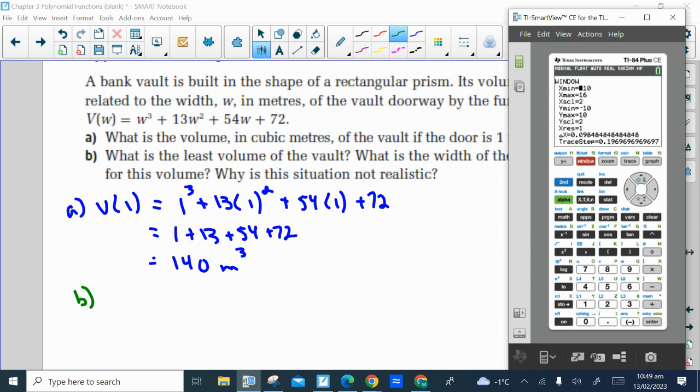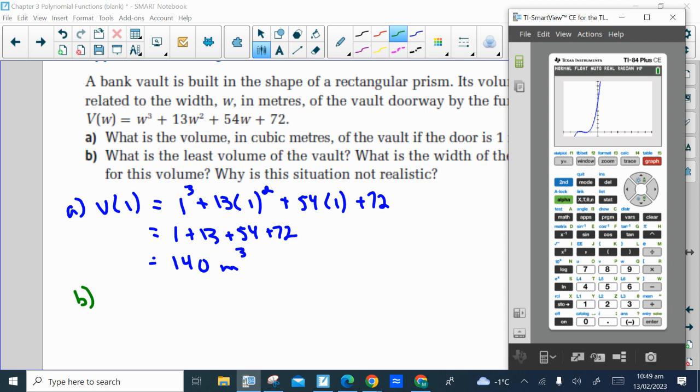Well, it means that our windows, our y max, has to be at least 72. So I'm going to change it to, let's say, 120, and I'm going to set my y scale to 10. So now I'll be able to see where the graph crosses the y-axis, which will be where the W values change from being negative to positive.